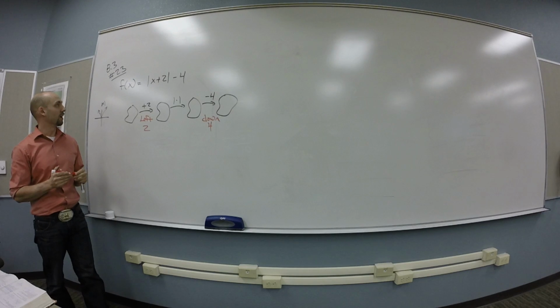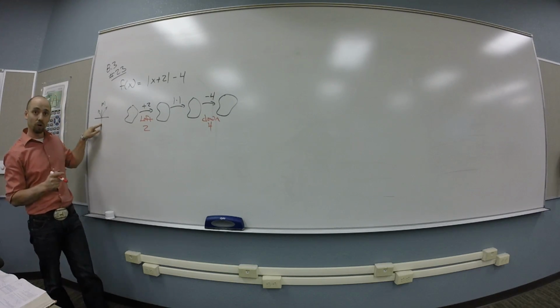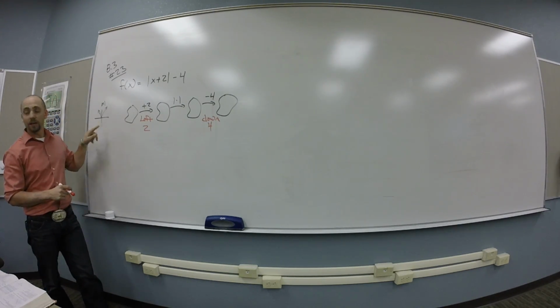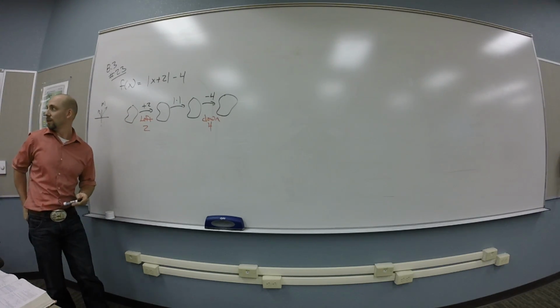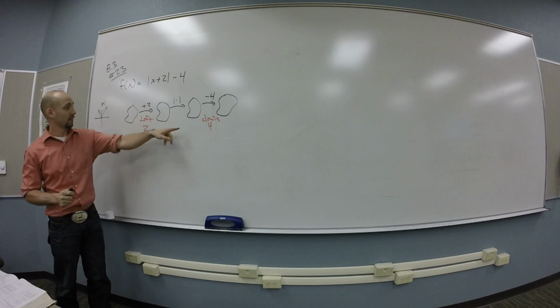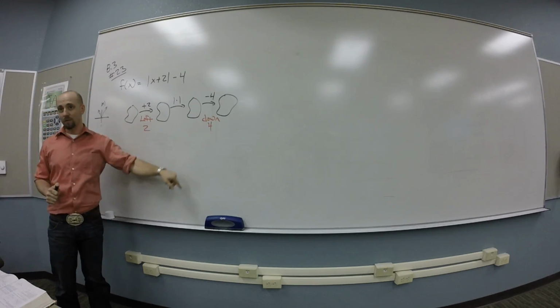Okay, so now I know that I should start with my V-shape per usual, and then I should shift everything left 2 units and then down 4 units.